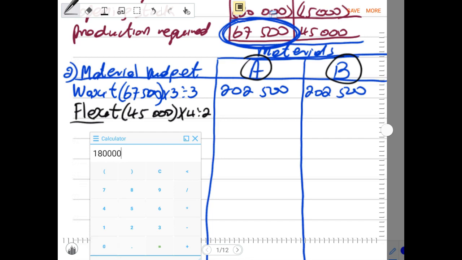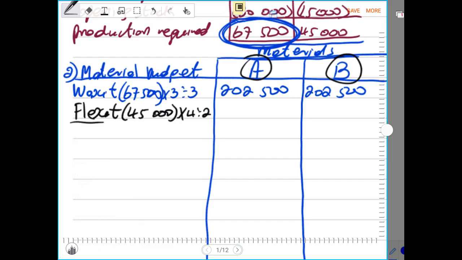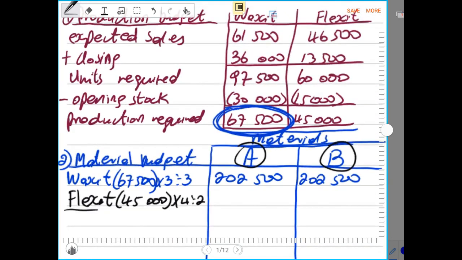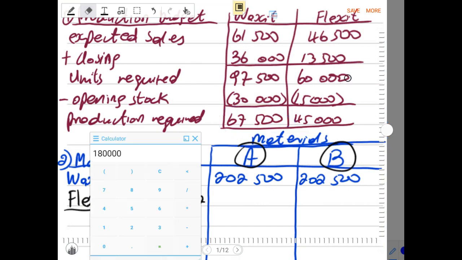Let me just confirm that it is 4 times 45,000 units. Let me just recalculate that.